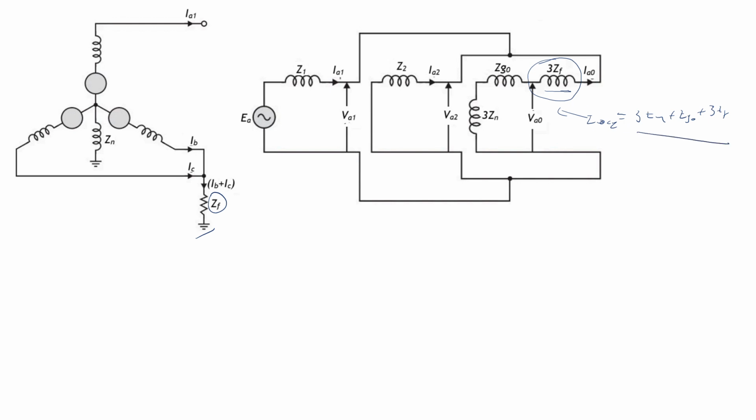Now coming to triple L fault. Triple L fault we have already discussed. So IF is equal to ER1 by X1 plus XF or ZF. Here only reactance is mentioned, so we can take XF. By adding 3ZF, we can get the answer.